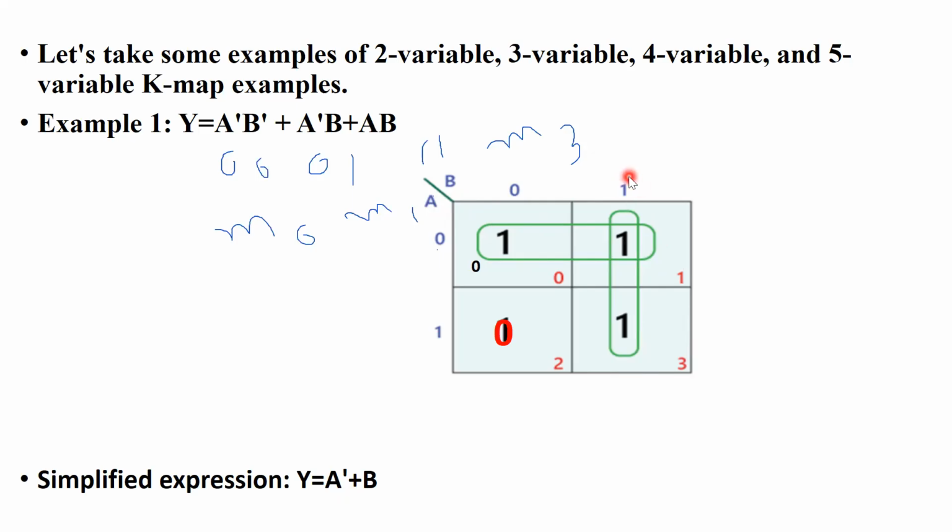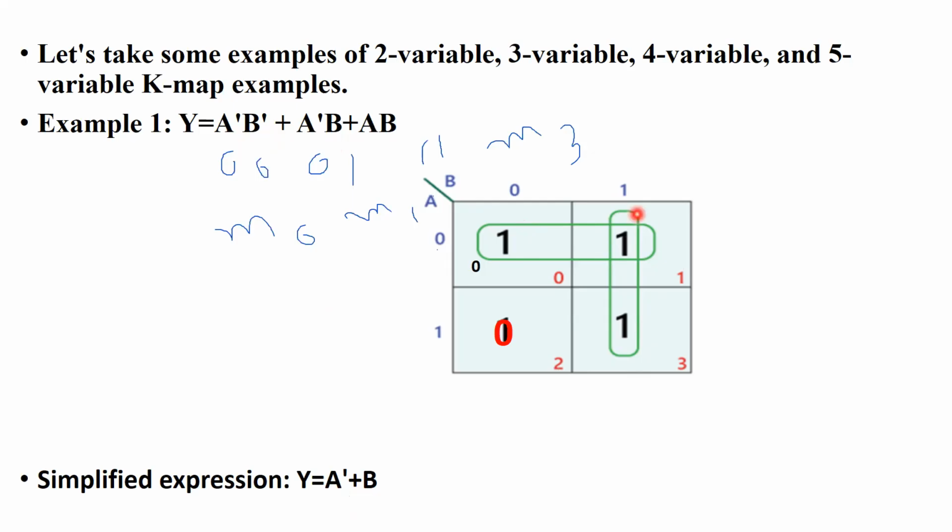So it is only B. For group 1 I have A dash, and for group 2 I have B. Then I write sum of products. This is the sum, and each group is a product term. Since this is the reduced form, it is not necessary that B and C remain. So the answer is A dash plus B.